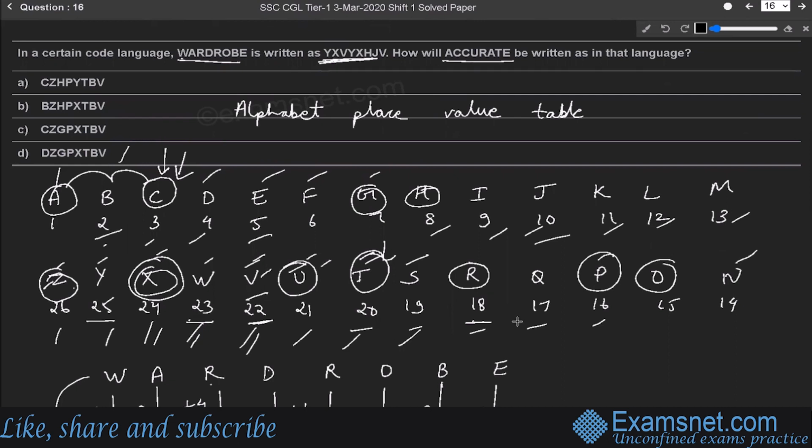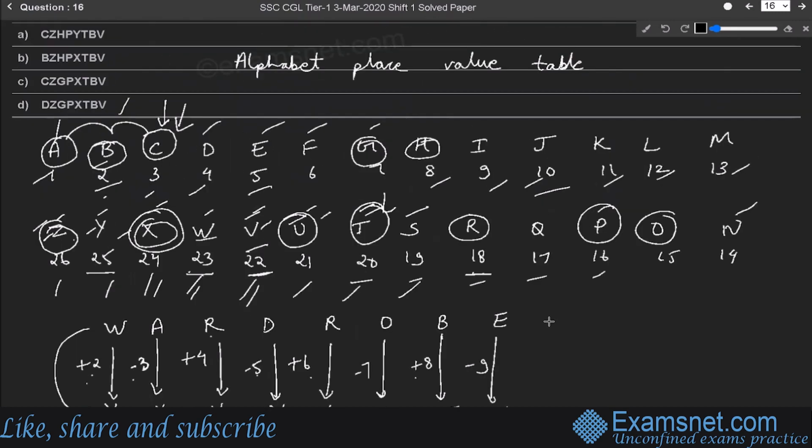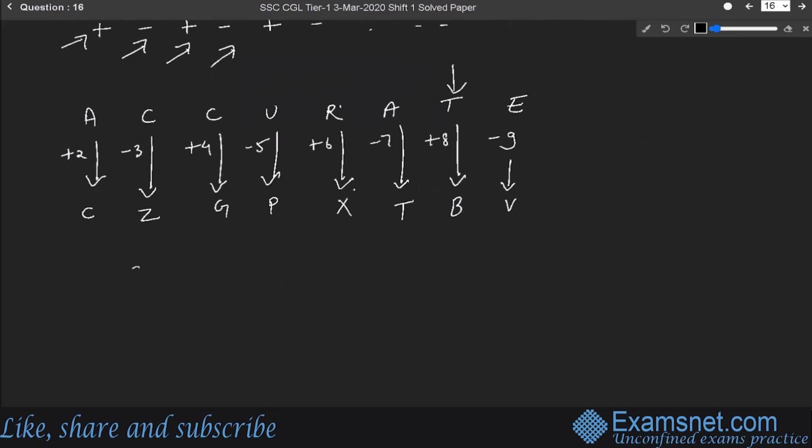So 1, 2, 3, 4, 5, 6, 7, and 8. Yes, it is B. And the last one is E minus 9, which gives V. E is present here, -9 means in the opposite direction. So 1, 2, 3, 4, 5, 6, 7, 8, and 9. So it will be V. I hope you are clear with this question. So accurate can be written as CZ, GP, XT, BV.